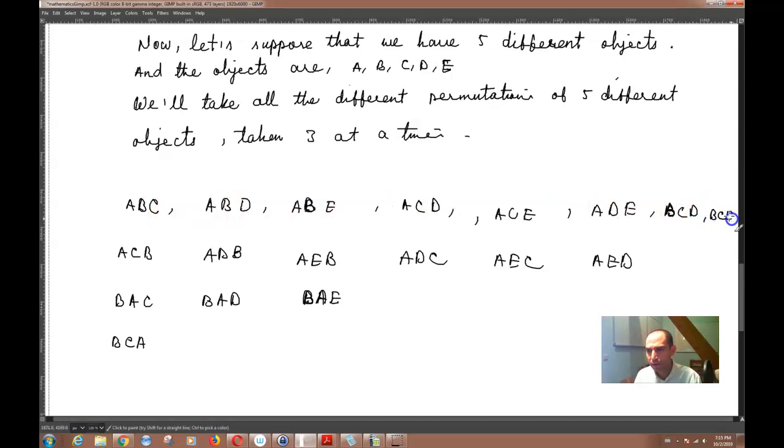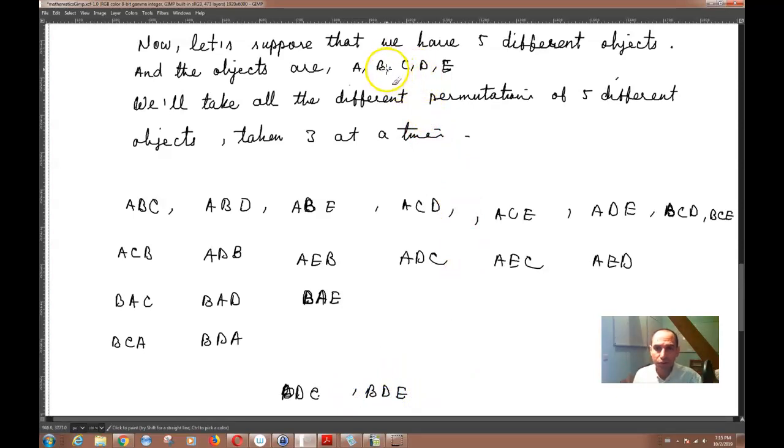And then I'm going to switch to D. So BDA, BDC, which you can put somewhere over here, and BDE, which you can also put somewhere over here.